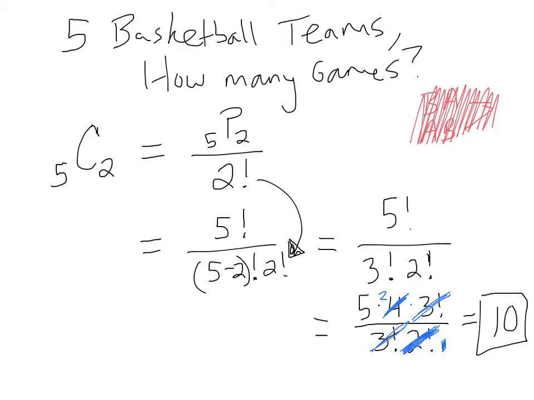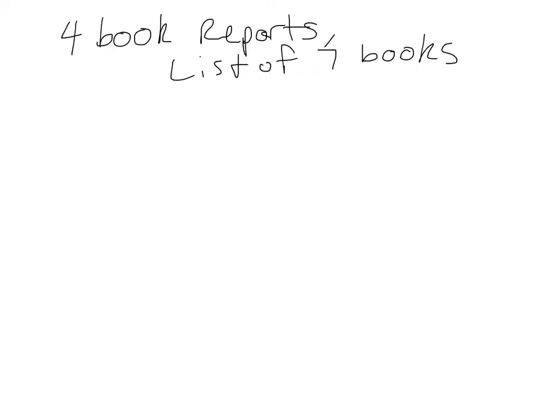We could go back and see that the original list I had represented 10 unique games. Pretty crazy. Here's an example. Your English teacher says that you need to do 4 book reports over the course of the year. And she gives you a list of 7 books to choose from.